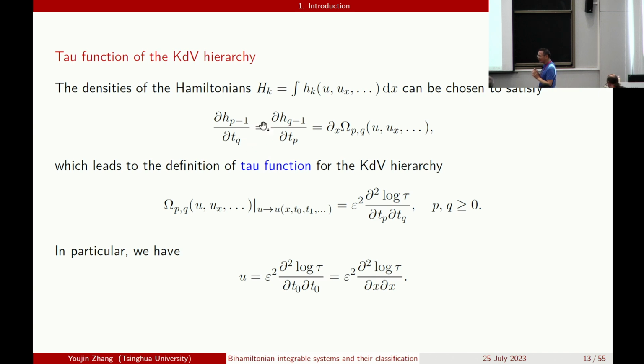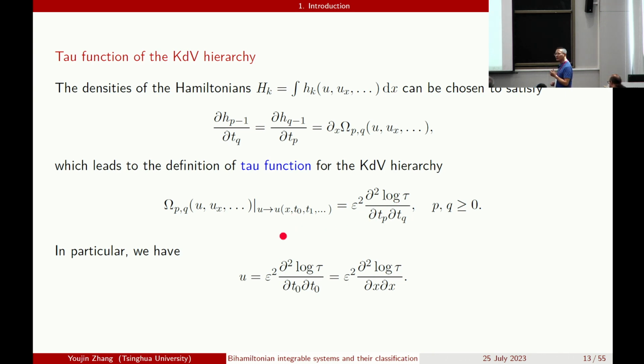For the KdV hierarchy we can find such densities so that this relation holds true. Then from this relation we can find some differential polynomials omega_{p,q}, and this omega_{p,q} is symmetric with respect to p and q. This is important.